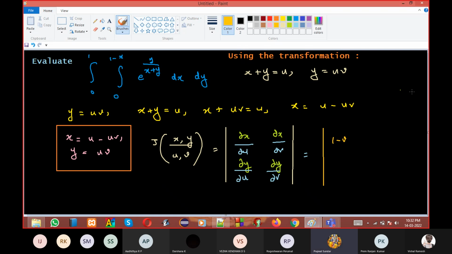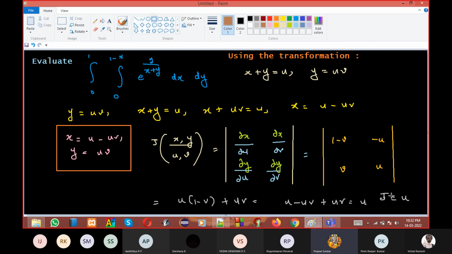Dou x by dou v is what? It will be minus u. Dou y by dou u is v. Dou y by dou v is u. So it will be u into 1 minus v plus uv, u minus uv plus uv equal to u. So Jacobian equal to u.